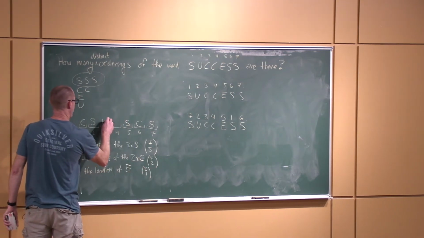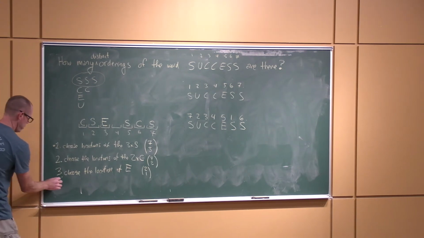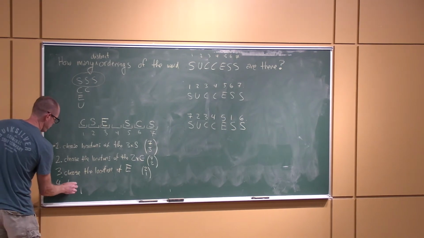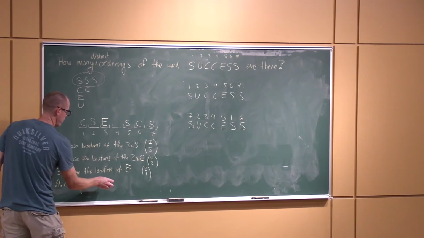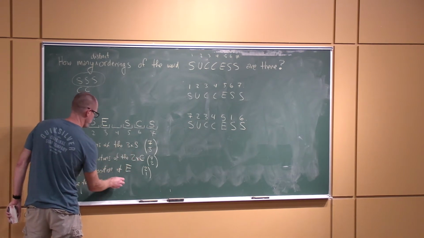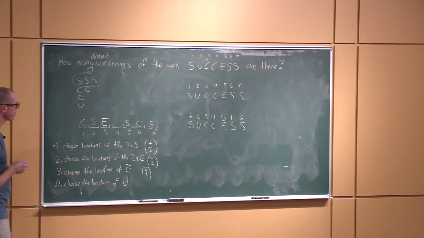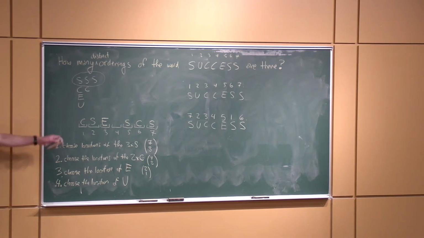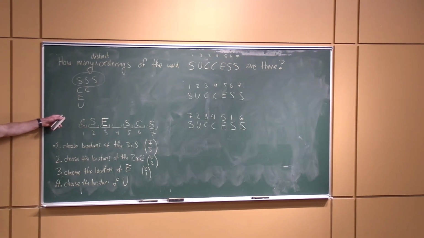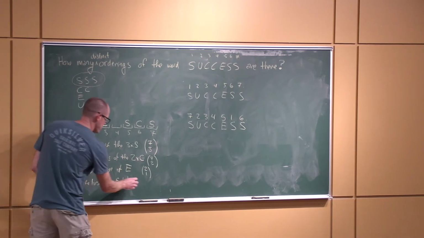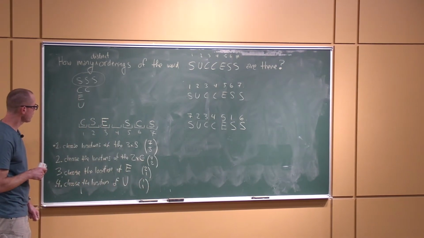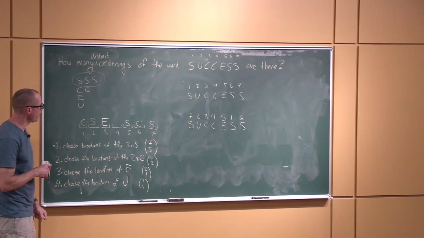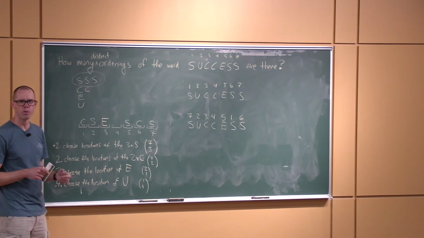Let's put the E there. And step 4, choose the location of U. There's really no choice to make. There's only one option. We have one letter and basically one thing to choose from, so it's 1, choose 1.